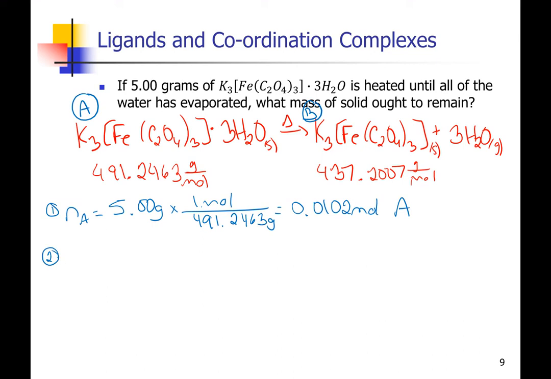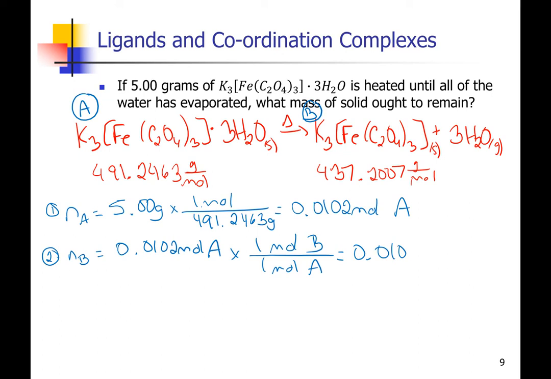How many moles of dehydrated salt should I get? Well, it's a 1-to-1 ratio. So my number of moles of B will be equal to 0.0102 moles of hydrated salt times, I get 1 mole of dehydrated salt for every mole of hydrated salt. And that means that I should produce 0.0102 moles of the dehydrated salt.